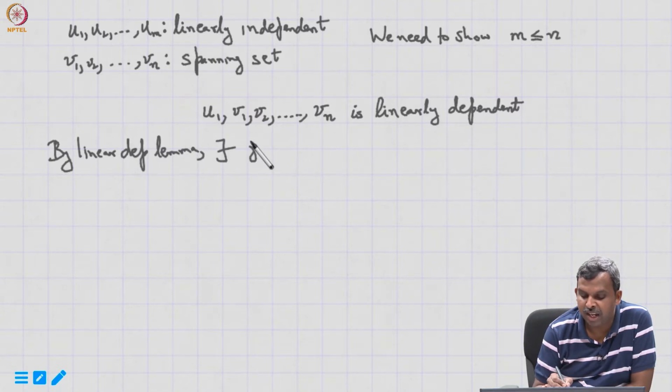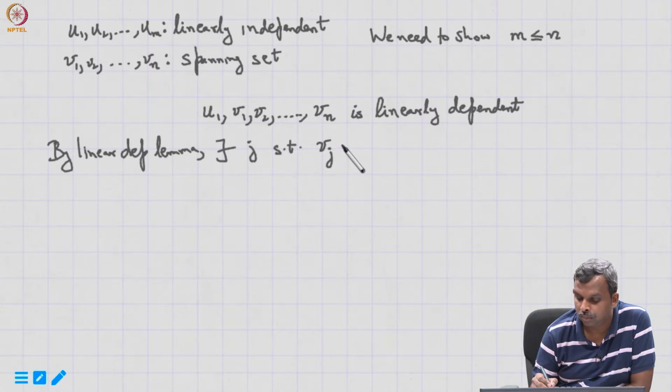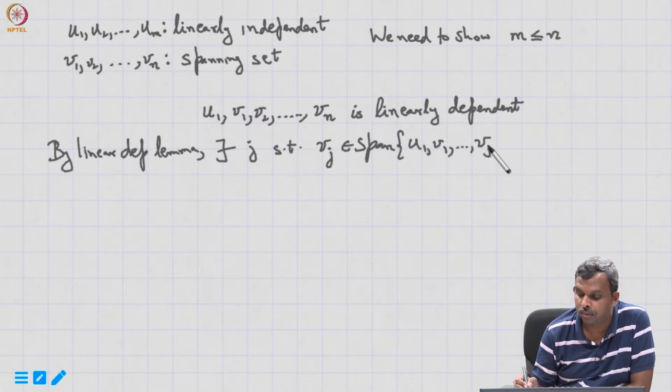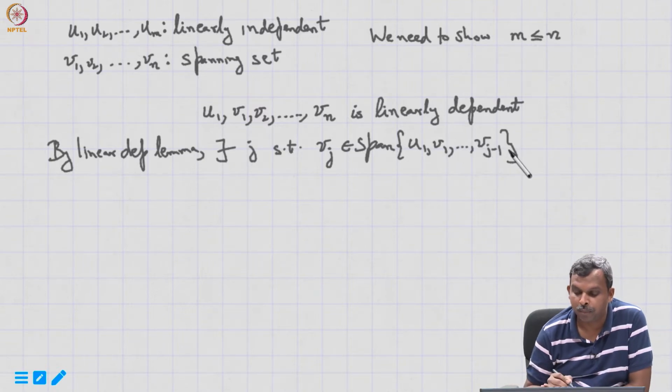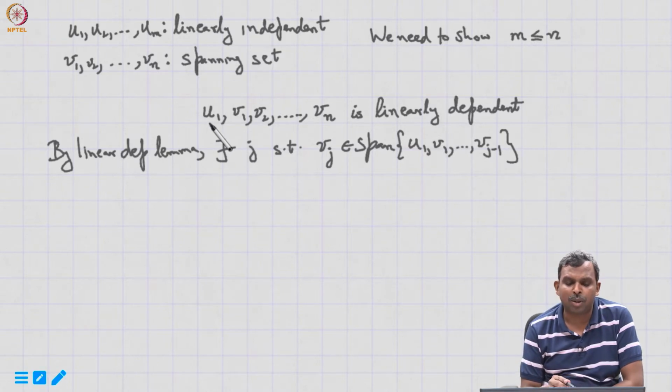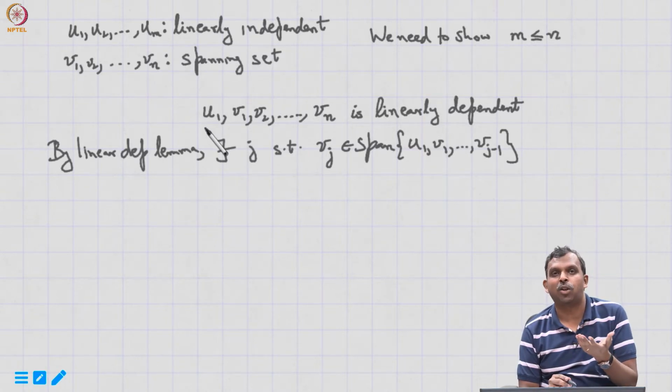there exists j such that vj belongs to the span of u1, v1, up to vj minus 1. Now remember, u1 belongs to a linearly independent set, so u1 cannot be 0 by itself.